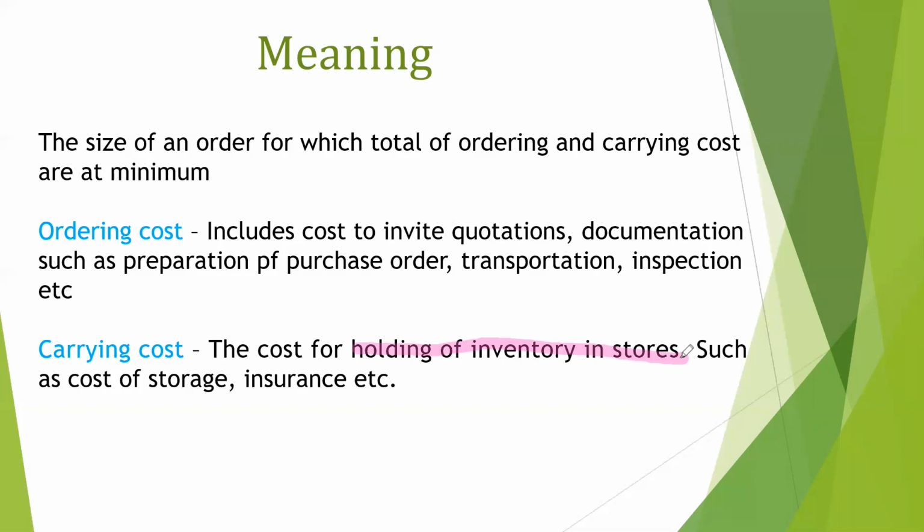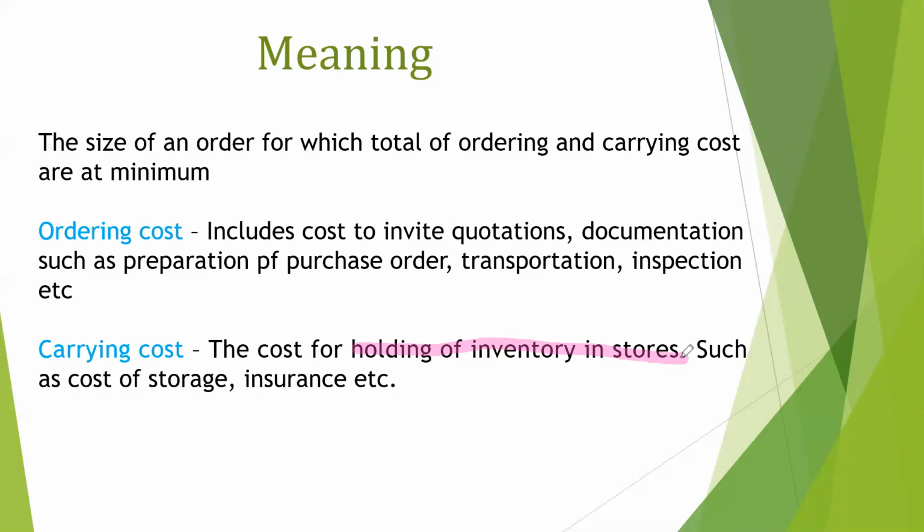For that, we'll need a warehouse for which we'll have to pay rent, maintenance charges. The goods have to be insured so that in case any calamity occurs, we can recover the salvage value. All these costs are unavoidable and we have to incur them.